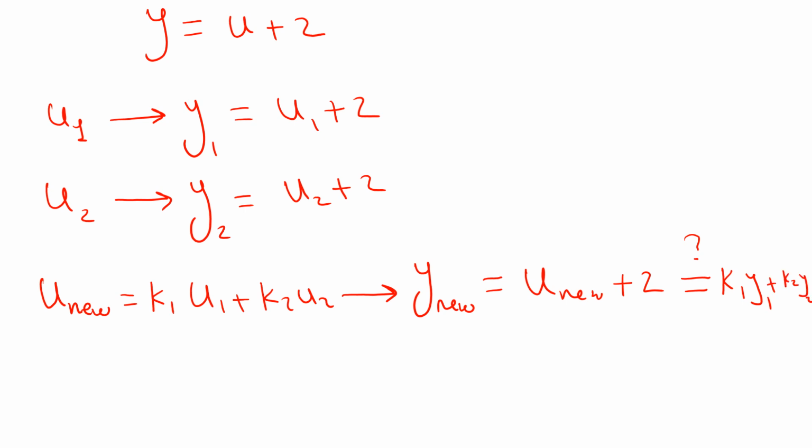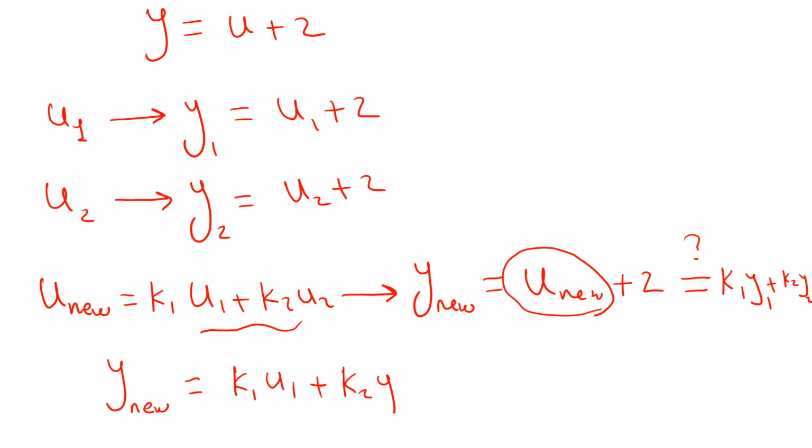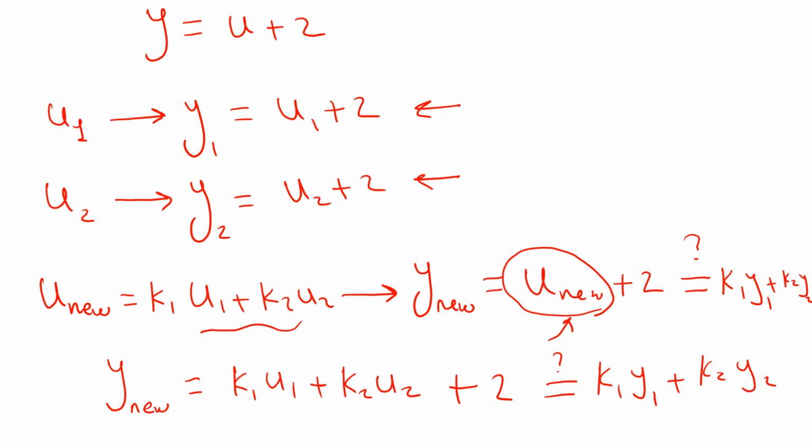So let's see. To do so, we can replace u new in terms of u1 and u2. So we can write an expression for y new as k1 u1 plus k2 u2, plus 2. Now you ask yourself, does this equal k1 y1 plus k2 y2, where y1 and y2 are given like that?